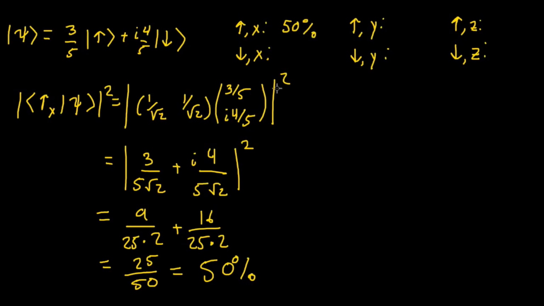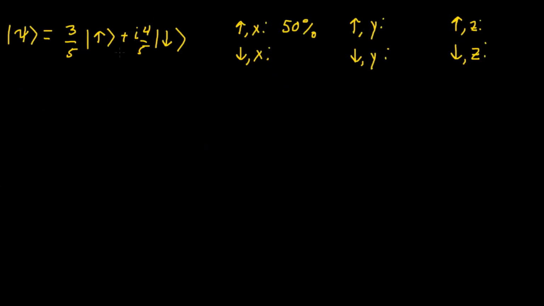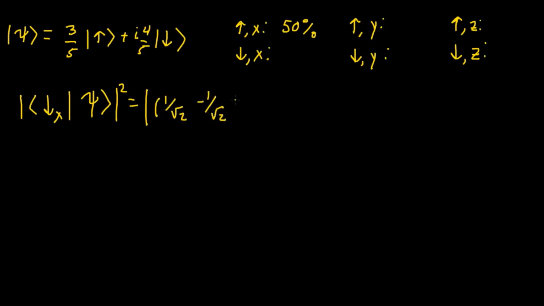Now you can already figure out, just from the fact that all the probabilities have to add up to 1, that the probability that this is going to be spin down in the x-axis also has to be 50%. But even though we already know what the answer is, I just want to work it out so you really are convinced.